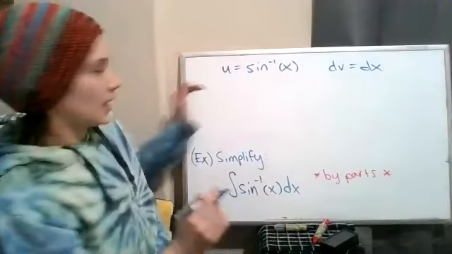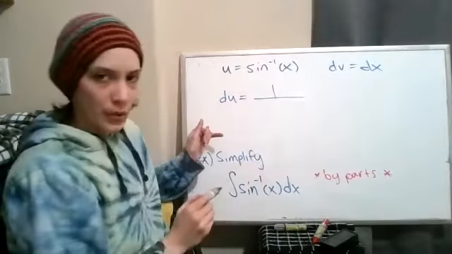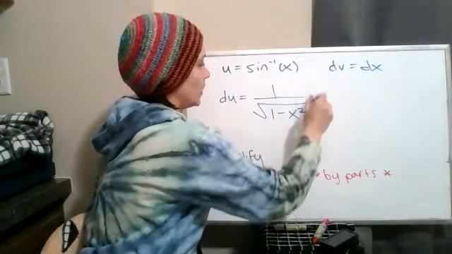This side du will equal 1 over root of, let's see, I think 1 minus x squared, and we have a dx.